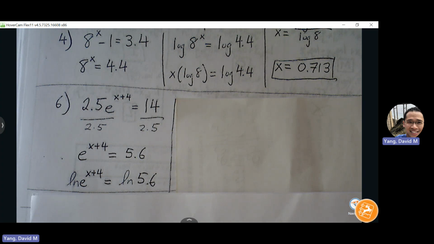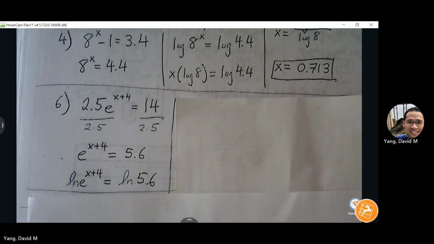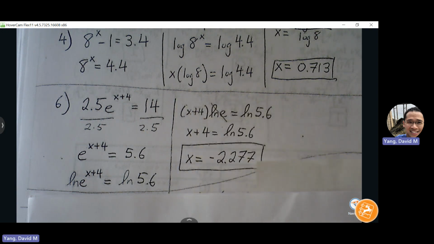Natural log of e is equal to 1. So that can go away once that x plus 4 comes down. Now you're just making your calculator do the work for you. Decimal value, 5.6.